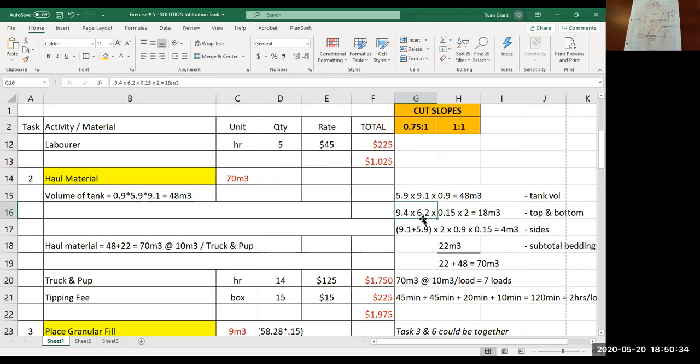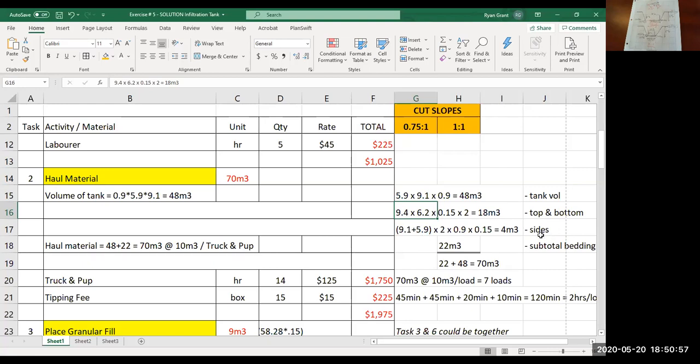Same sort of calculation: the given 5.9 width plus 150 on either side gives you 6.2. Those two multiplied together times 150 for thickness, times 2 for top of tank and bottom of tank, gives you approximately 18 cubic meters for that volume.